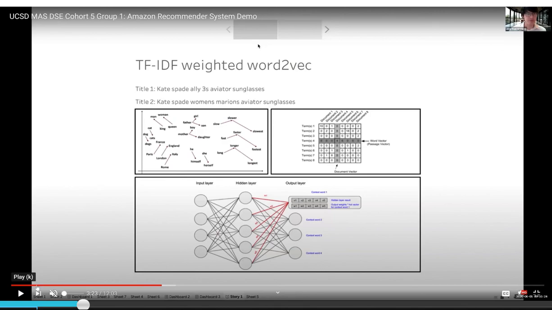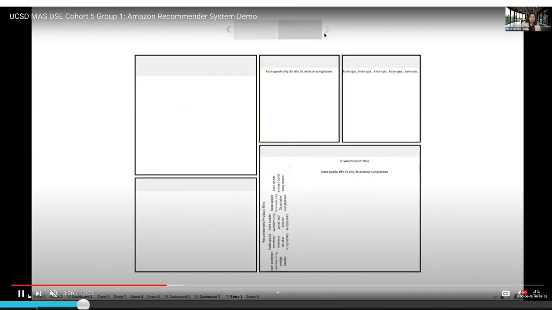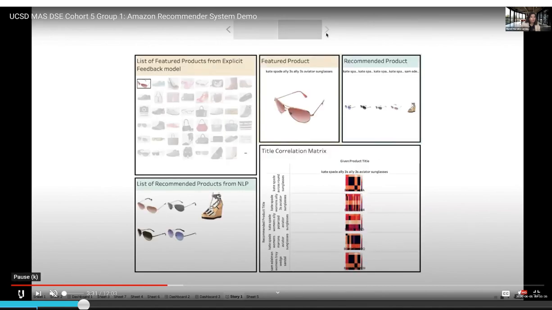Mary? Yeah. So for the natural language processing TF-IDF weighted word2vec model, we made a dashboard for this particular one. The way the model works is we first get a featured item from the explicit feedback model. Then when we select one, the top 5 recommended products show up from the NLP model.